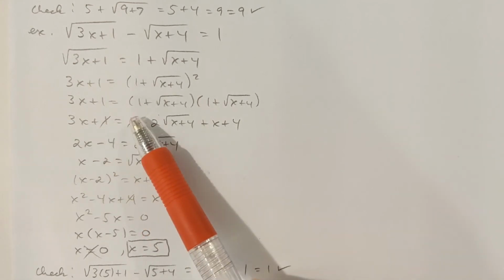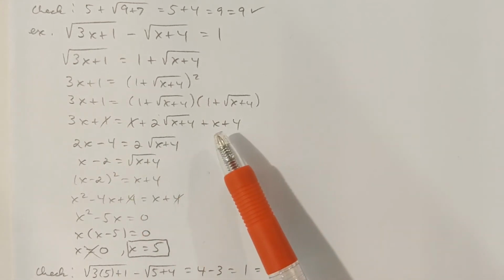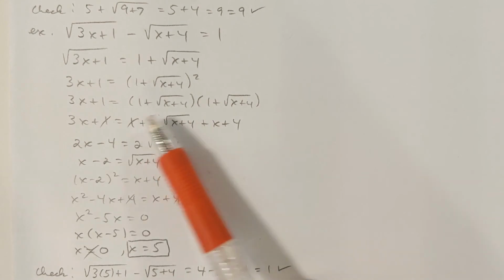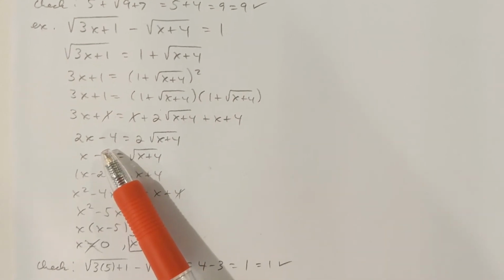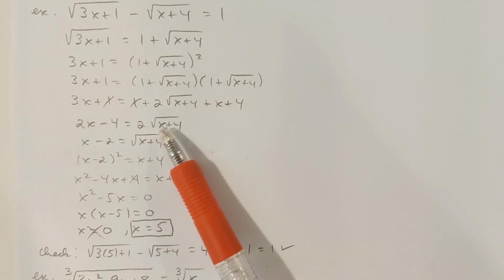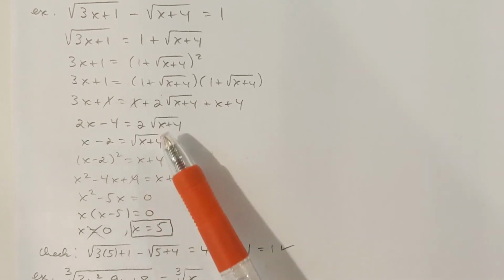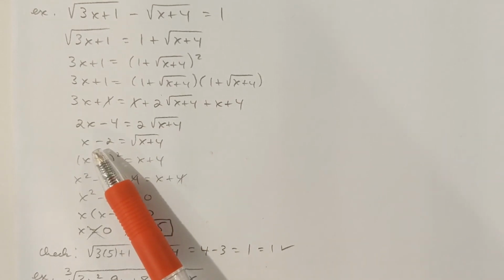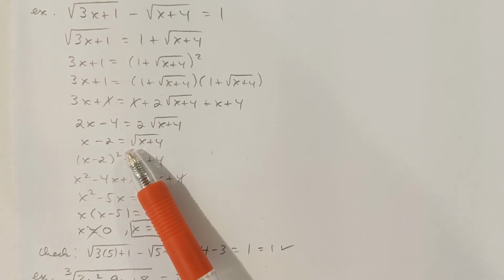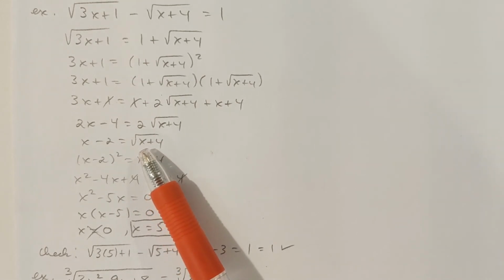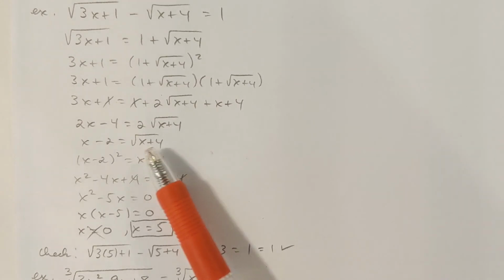If I subtract 1 from both sides, those terms are gone. I'm also subtracting x and subtracting 4 from both sides to get to this line here. You could divide by 2 then to get to the next line. And so now I want to get rid of the other radical by squaring both sides.